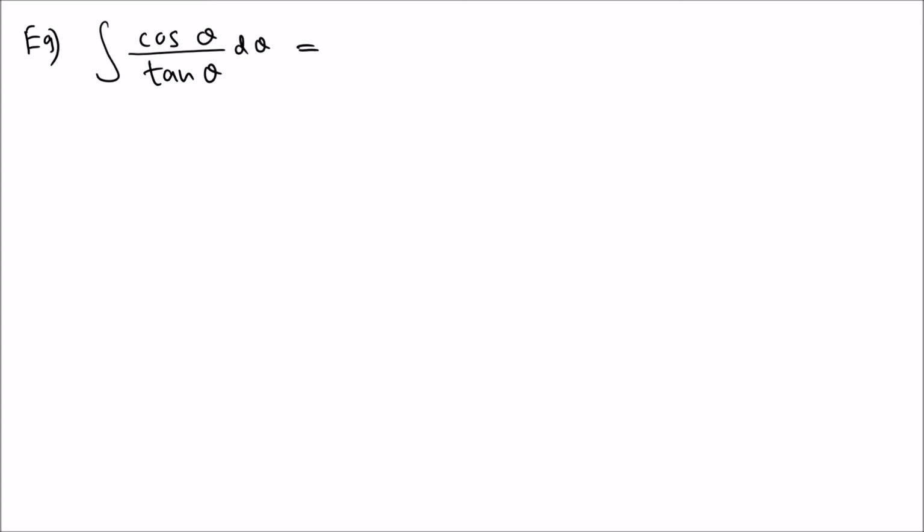But it's not the case, so we're going to rewrite this using sine and cosine. So this is cosine theta, and the bottom is sine theta over cosine theta d theta.